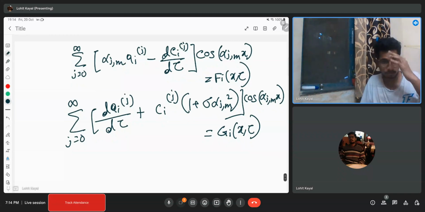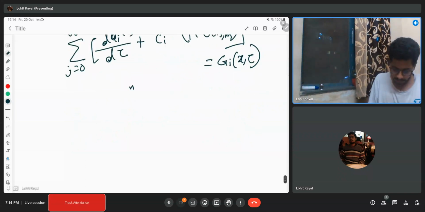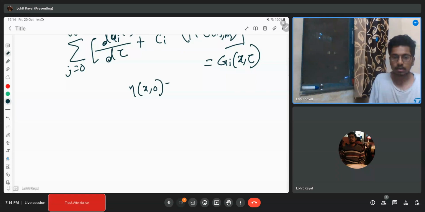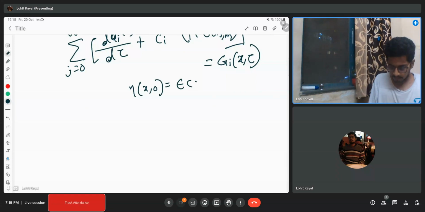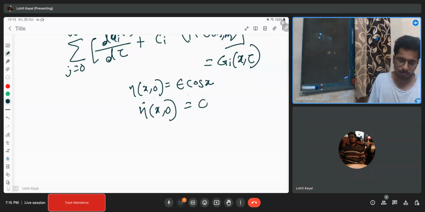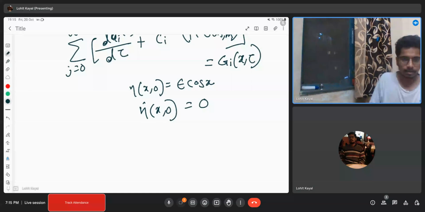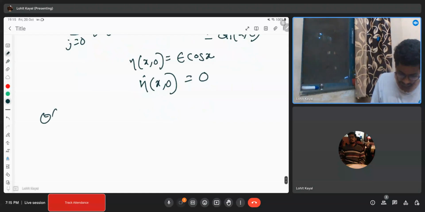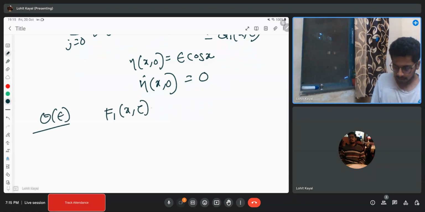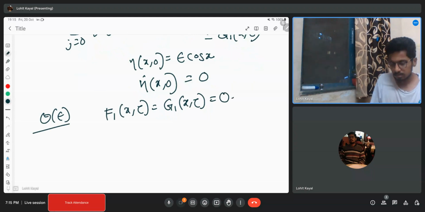So this was the equation. And the initial condition is, in non-dimensional form, η(x,0) is equal to ε cos x, and η_t(x,0), that means the initial velocity, has to be equal to 0. Now for the linear order, the right hand side is 0. That means at order ε, f1(x,τ) is equal to g1(x,τ) equal to 0.